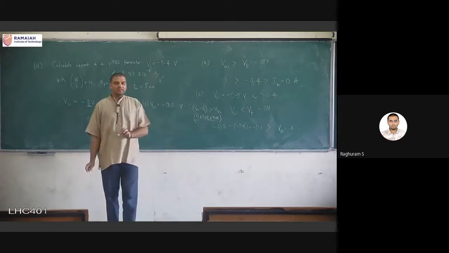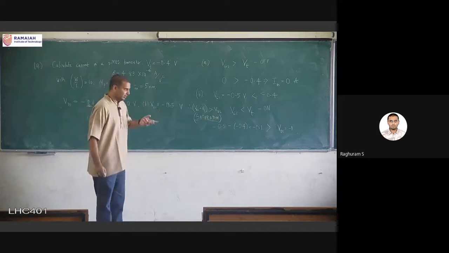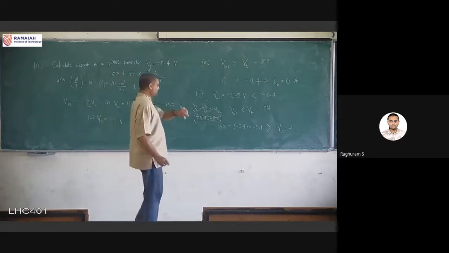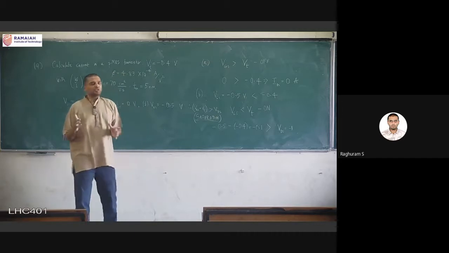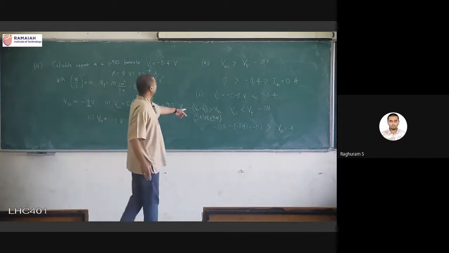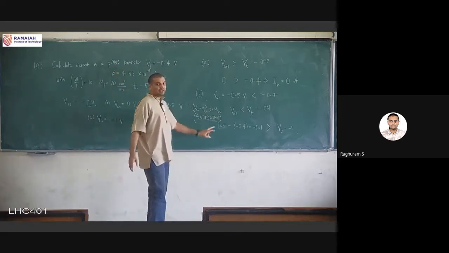VGS minus VT greater than VDS is saturation for PMOS. It is opposite. Not only did the on-off conditions get reversed, the linear and saturation conditions also have gotten reversed. So this condition for a PMOS transistor tells us that it is in saturation mode of operation.